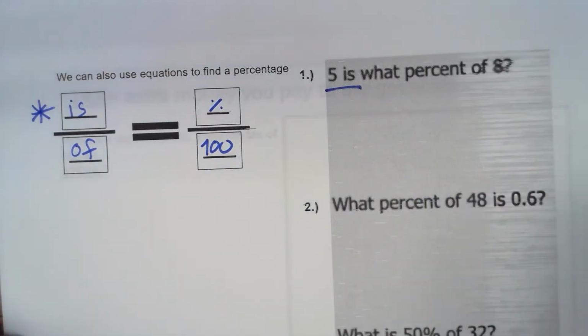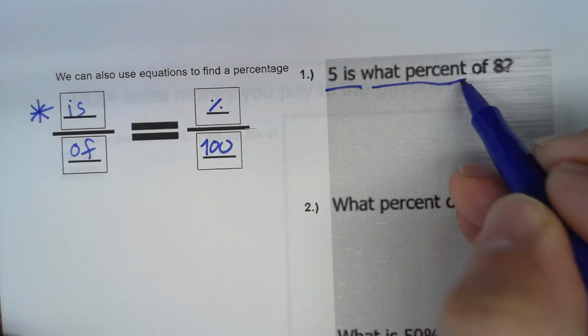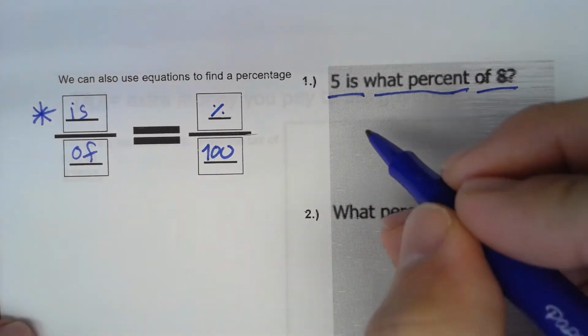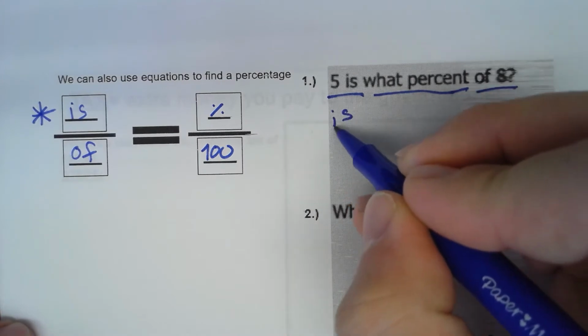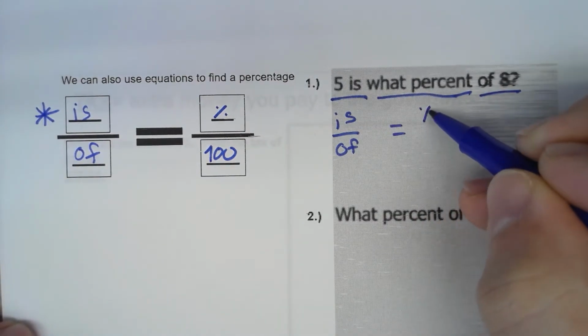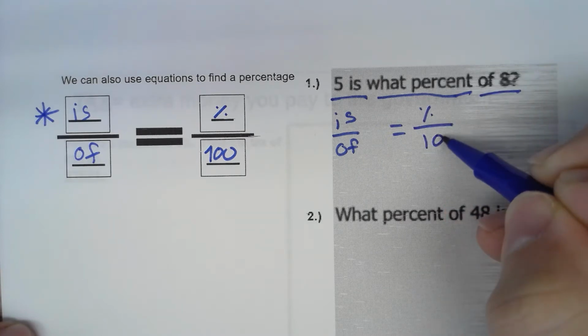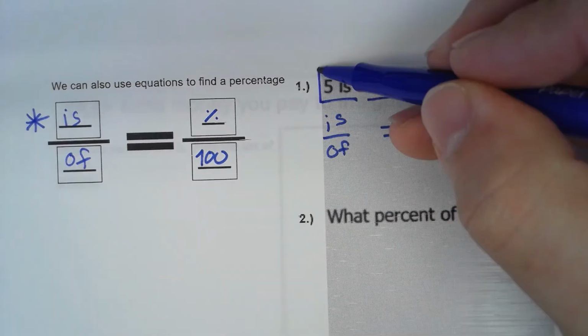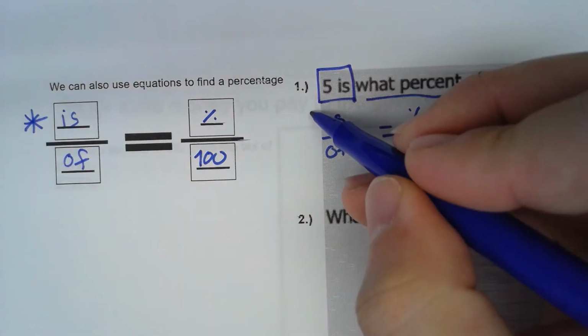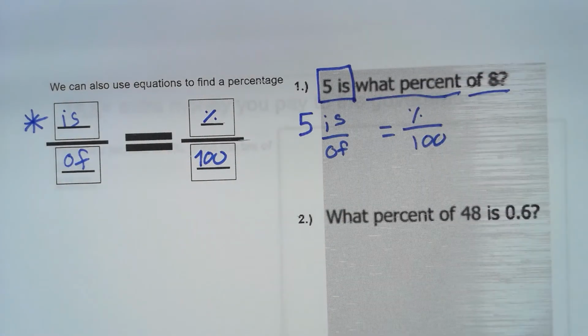5 is what percent of 8? So remember, is over of equals percent over 100. This says 5 is, so we put that over here.